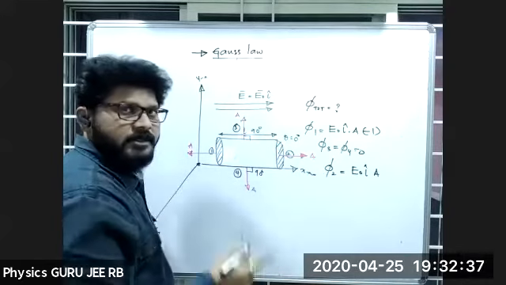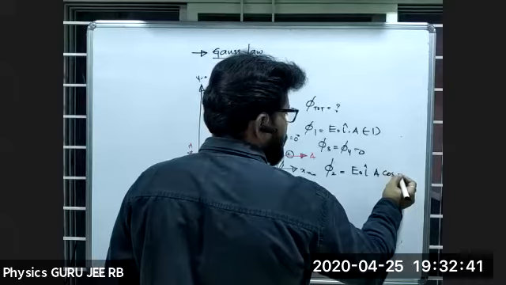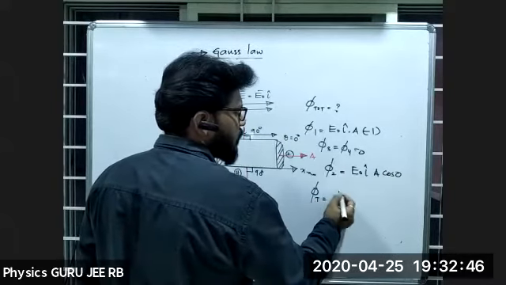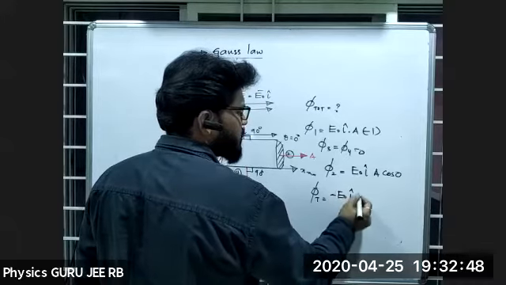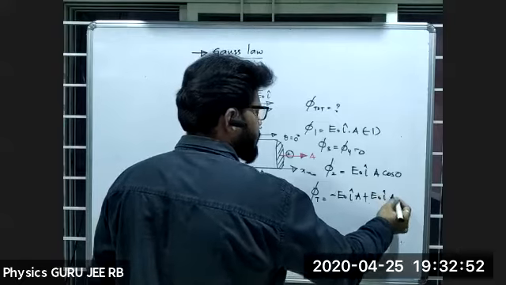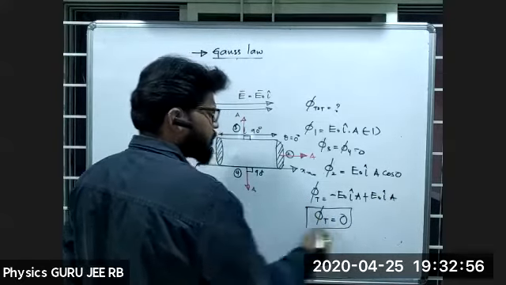Cos 0 is how much? 1. So the total flux is E naught I cap A minus E naught I cap A plus E naught I cap A... so the total flux linked with the closed surface is 0.